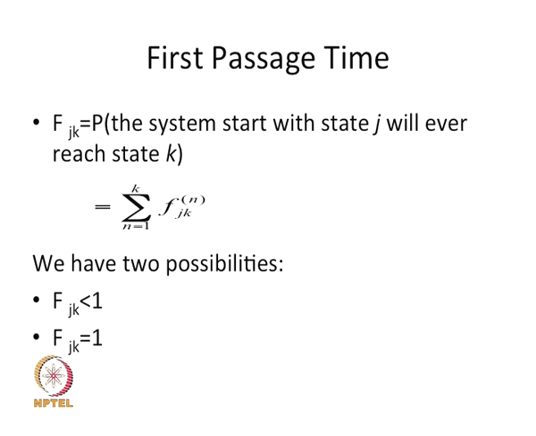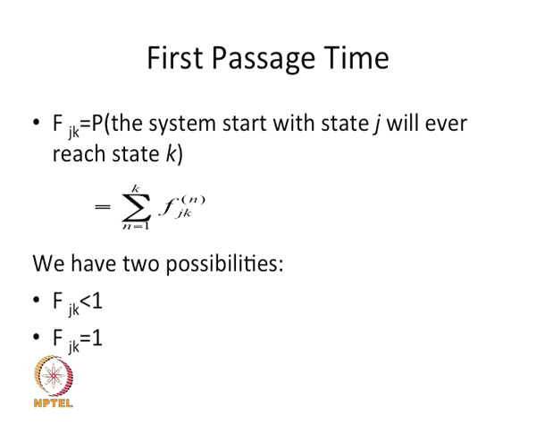The first passage time distribution, written as f suffix j k, is nothing but the probability that the system starting with the state j will ever reach state k. So, this probability I am writing as f suffix j comma k.